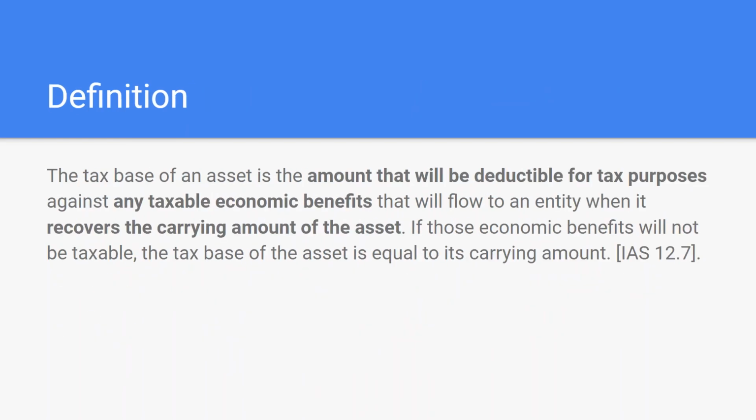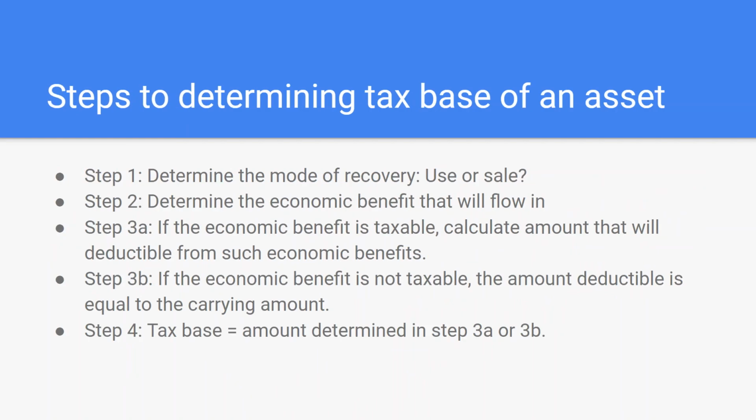So if it's difficult to understand the definition in one go, no problem, just focus on these steps. And if you compare these steps to the tax base, you see that they're exactly connected. There's nothing artificial, I didn't devise anything new. It's just a way of trying to break down the definition into smaller bits so that it's easier to understand.